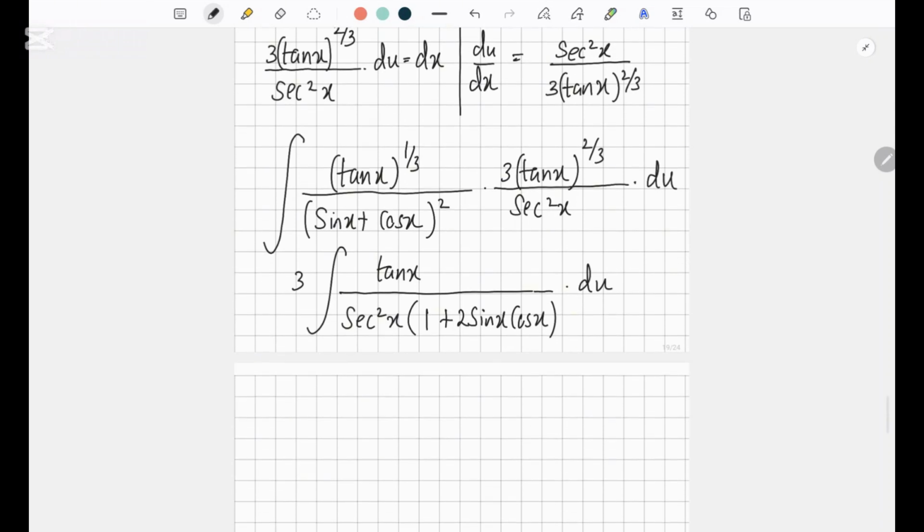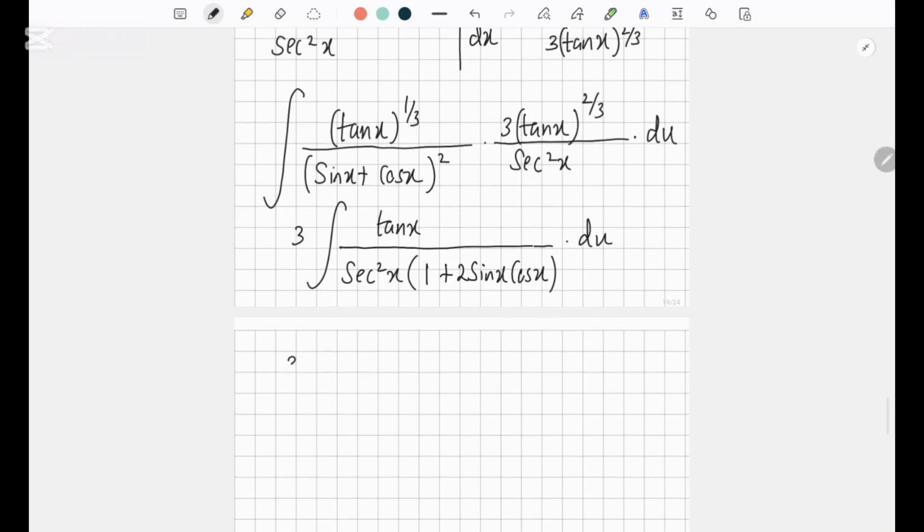Now what you do is you have to change all these x terms into u terms, right? I'll expand the brackets at the denominator, so we have tan x over sec squared x plus 2 sin x. Now sec squared x is 1 over cos squared x, right?